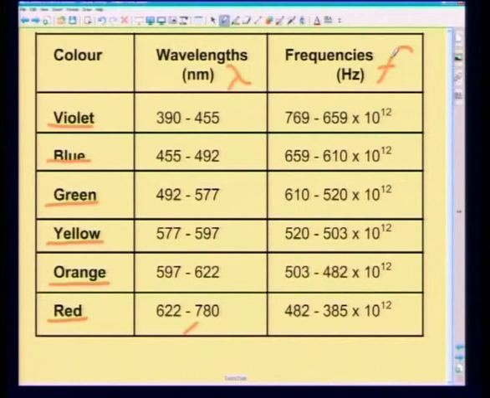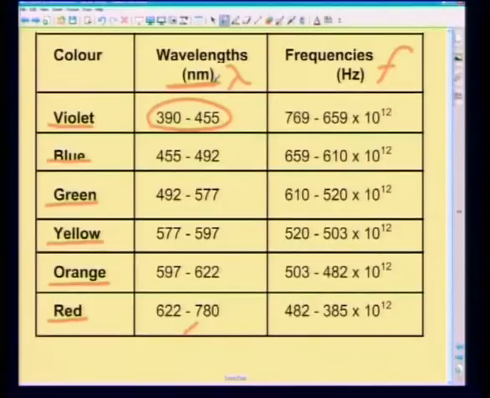For a violet light, that will be the wavelength. You will see it's given in nanometers. Can you remember how to move from nanometers into meters? Because we work in meters, always multiply by 10 to the power minus 9 if it's nanometers. Right, so that's what we have. And that will be the frequency of the violet light.